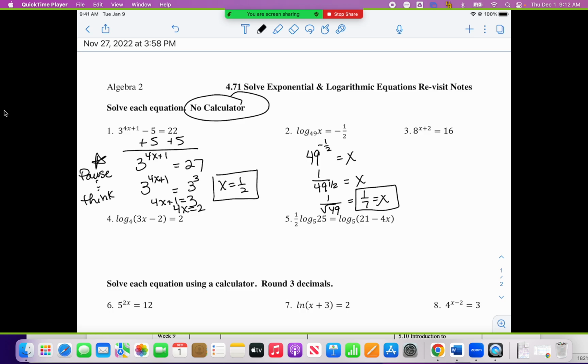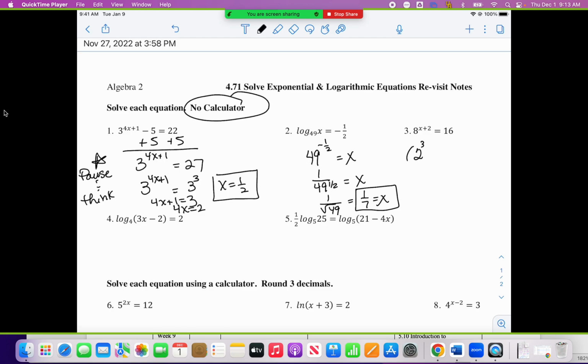All right, number 3. This is exponential. Let me pause. Can you get a common base? I think we can. So get a common base and solve that one. I'm going to give you a head start. The answer is a fraction.